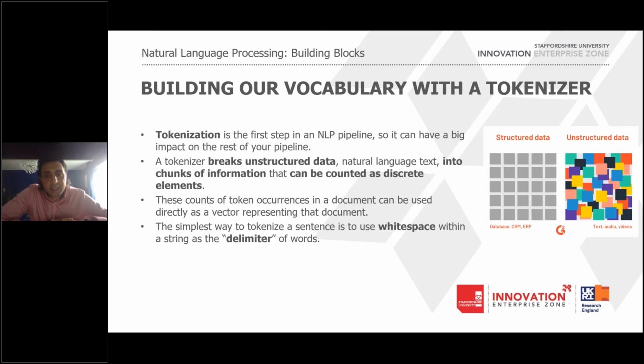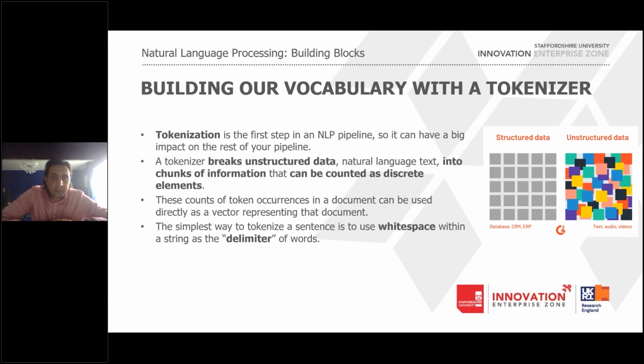But this is not the case for natural language processing. This is not the case for text or images or videos or audio files, because you cannot put them into cells like this. But machine learning algorithms are going to find it very difficult to deal with unstructured data. Hence, we need to convert our unstructured data to a structured format in one way or another. And this is what we want to learn in the next few slides.